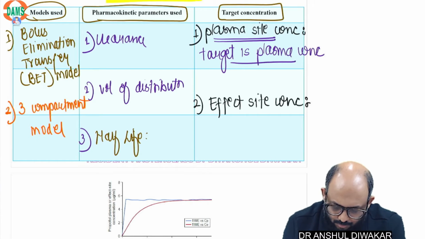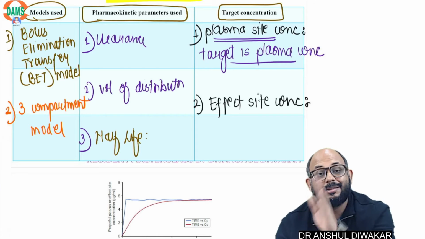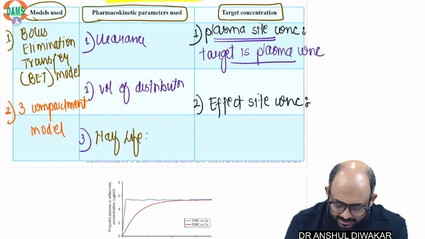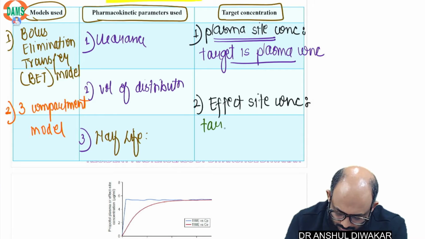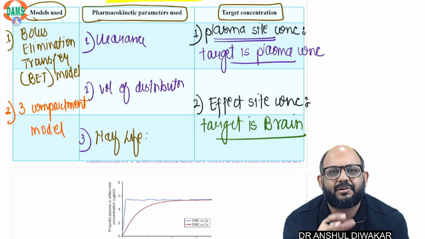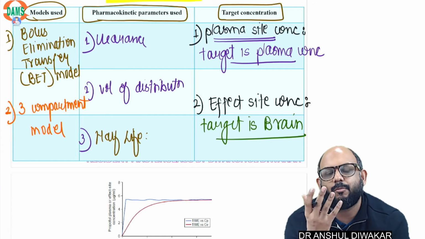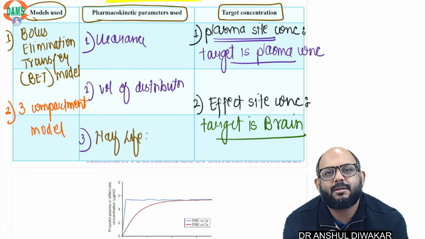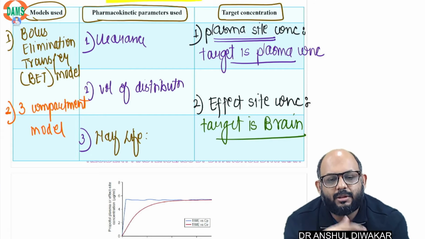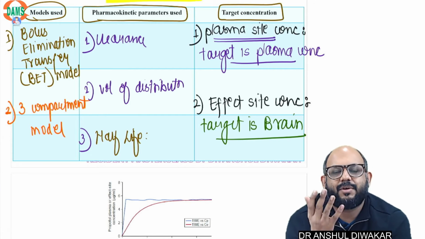But when you target effect site, then your target is at the site where effect takes place, that is the brain, because all anesthetic agents act through brain. So effect site concentration is now integrated in TCI models, because ultimately what matters is where the drug is acting. So you only try to achieve the concentration of the drug at the place where it is going to have an effect.